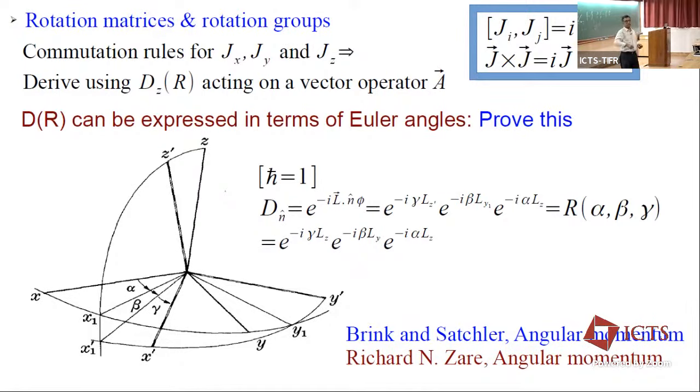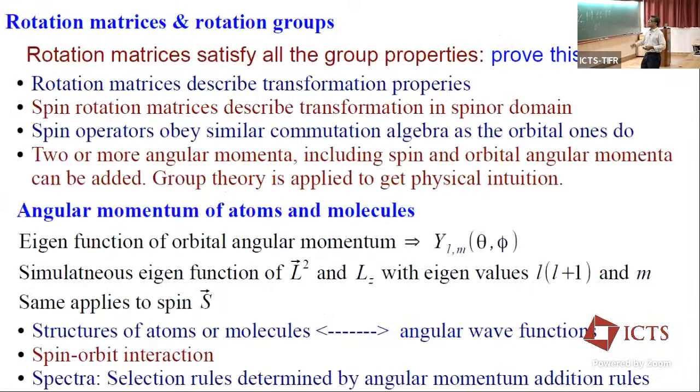Conservation of angular momentum is related to the isotropy of space, for a closed system. If it is an open system it is not the case, then you have to enlarge your space. So this is just to recall what we have learned in quantum mechanics.